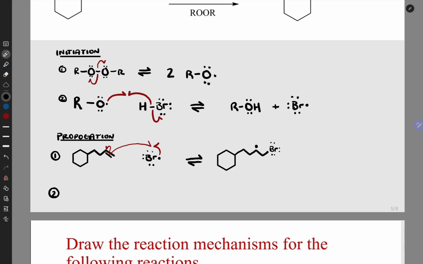Alrighty, so we take that result. That was a wonky looking cyclohexane, but I'm glad that it saved it. Oh, and I should add two. Oh yeah, that's good. We take that result and we will react it with another hydrogen bromide.